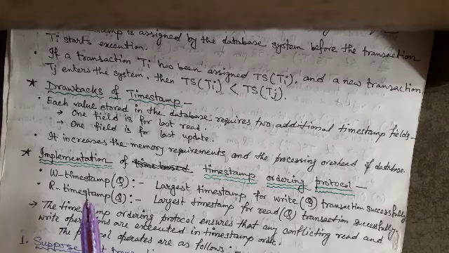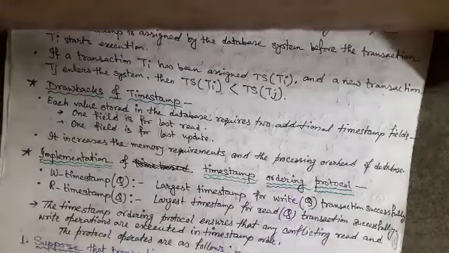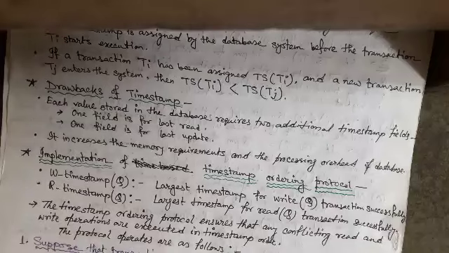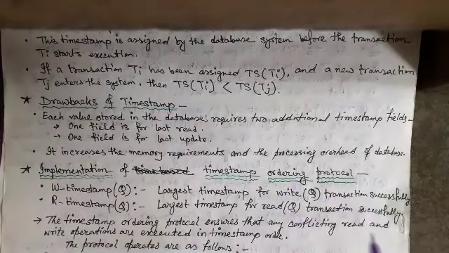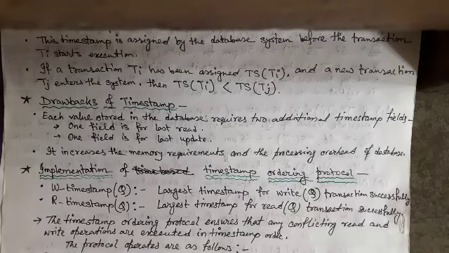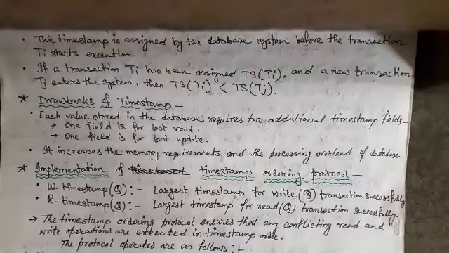It also increases the memory requirements and the processing overhead of the database. Since the storage is more, the memory requirement increases and the processing overhead of the database also increases.